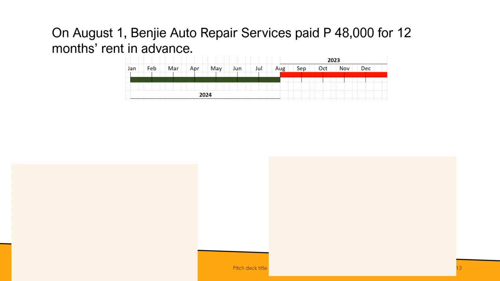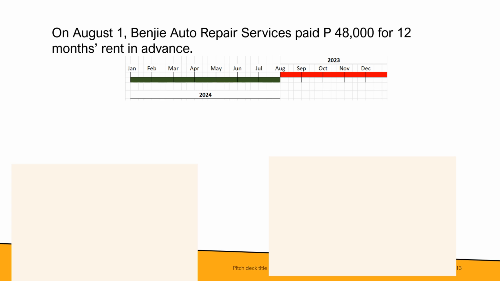So that's 12 months. For 2023, how many months had already expired? From August to December, out of 48,000, how many months were already used by the business? August, September, October, November, December, so that's 5 months. And how much of this 48,000 is still prepaid, meaning the unexpired portion?